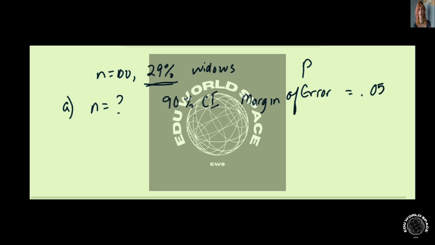Basically we want a p-hat plus or minus a margin of error of the z-star value times the square root of p-hat times 1 minus p-hat over n. We want this component to be 0.05. We know we want 90%, so we look up that value and we get 1.645.